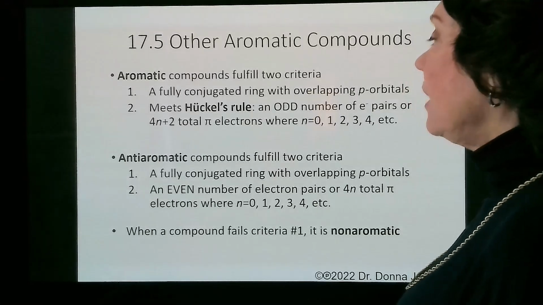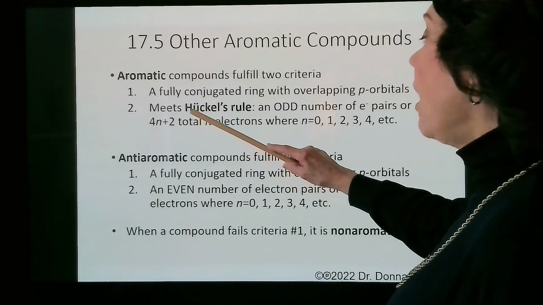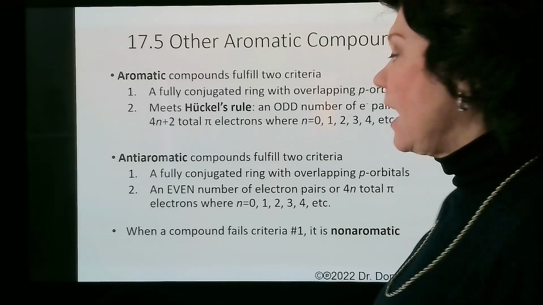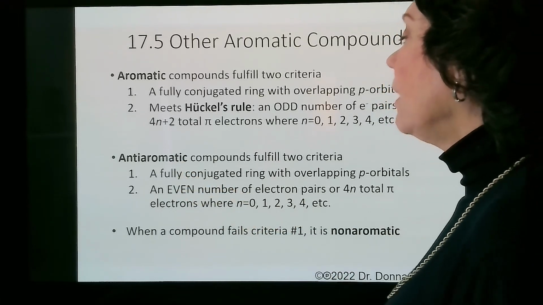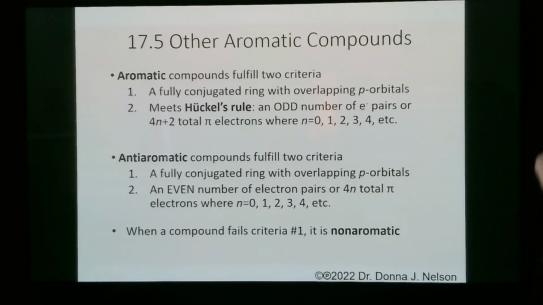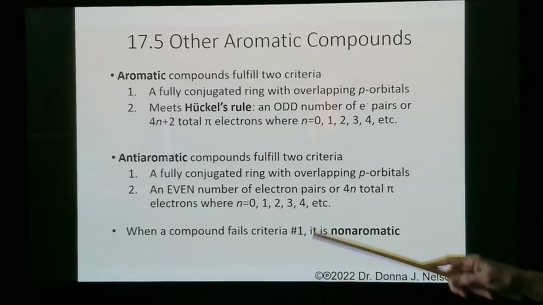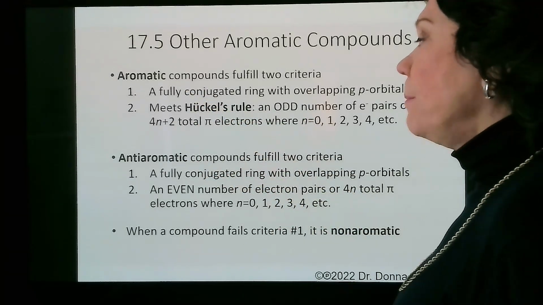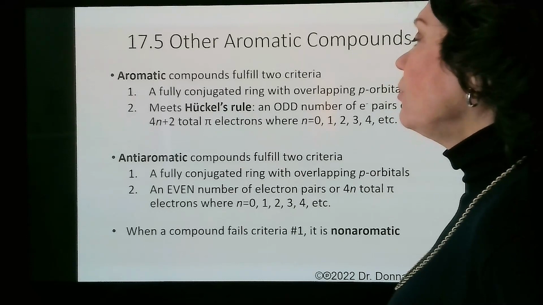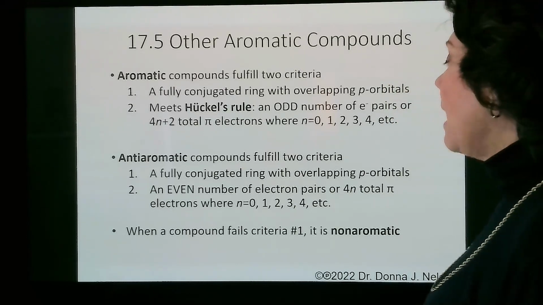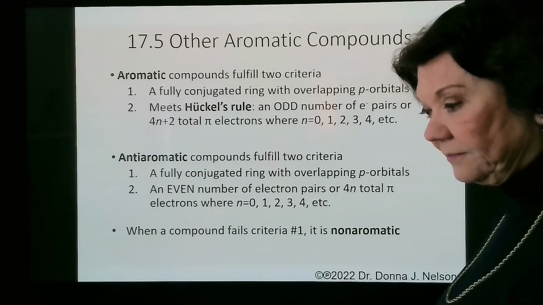So the difference is an odd number of electron pairs in aromatic compounds and an even number in anti-aromatic compounds. Whether it's aromatic or anti-aromatic, it's required to have a fully conjugated ring with overlapping p orbitals.